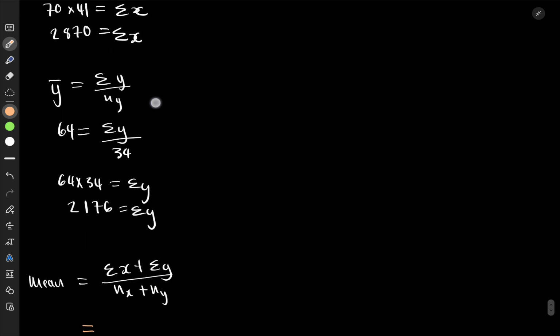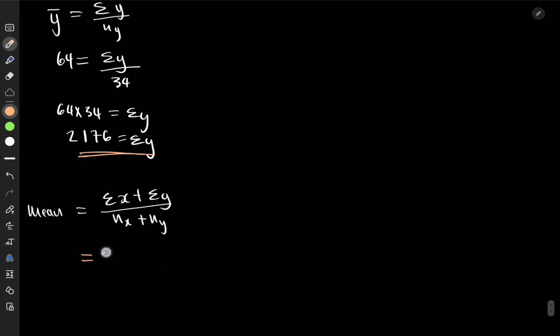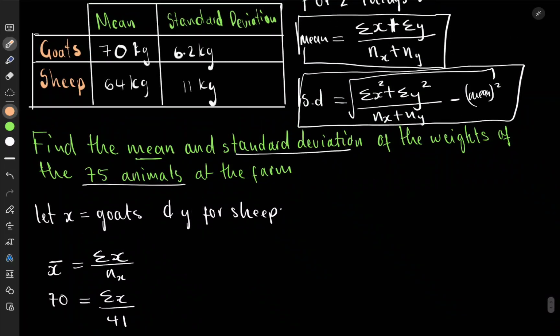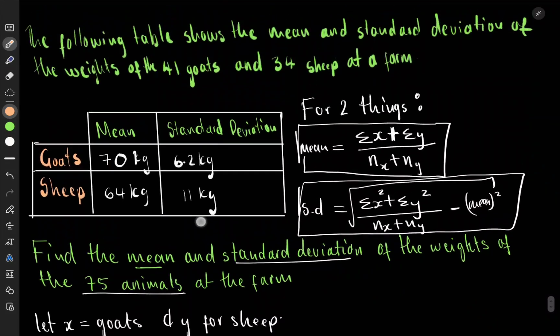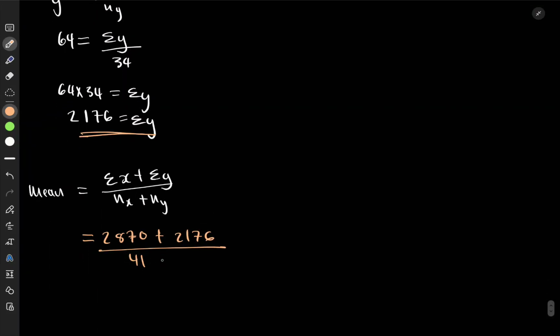Now, what is the summation of x? I'm going to underline it. 2,870 plus the summation of y, 2,176, all over the number of terms. We have 41 goats and 34 sheep, so it will be over 41 plus 34.